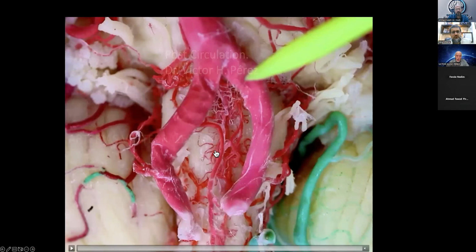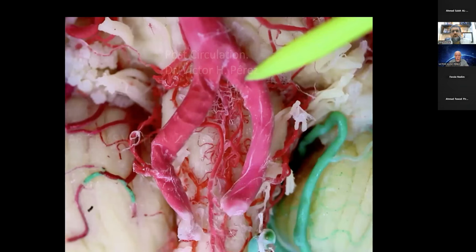anterior spinal arteries. This is a view of the anterior aspect of the brainstem, specifically the junction of both vertebral arteries to form the basilar artery. So let me run this video.